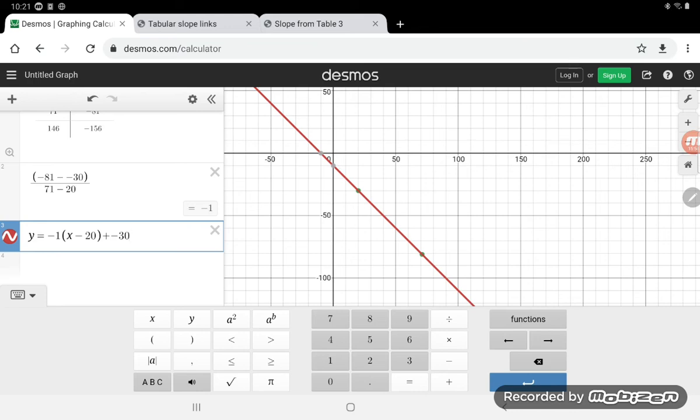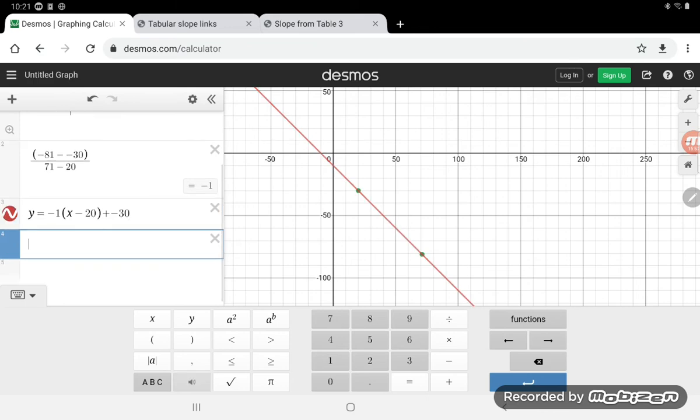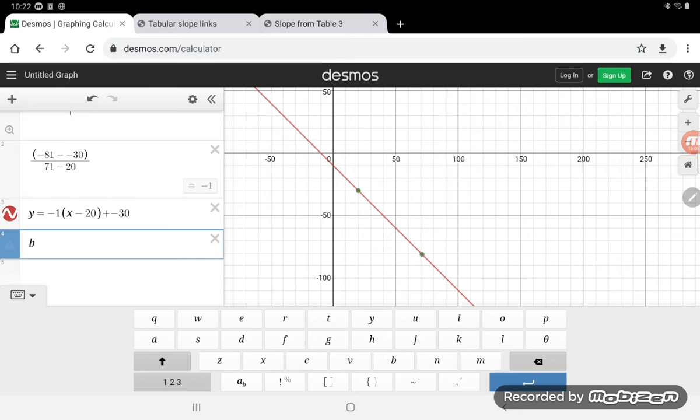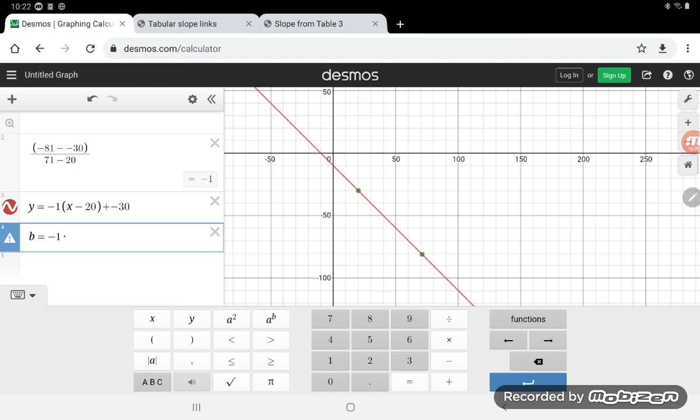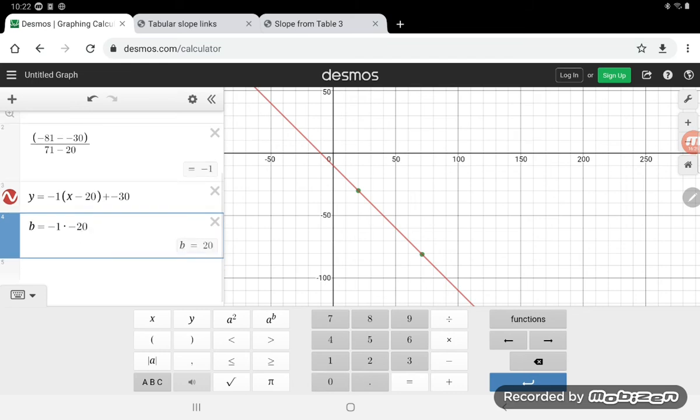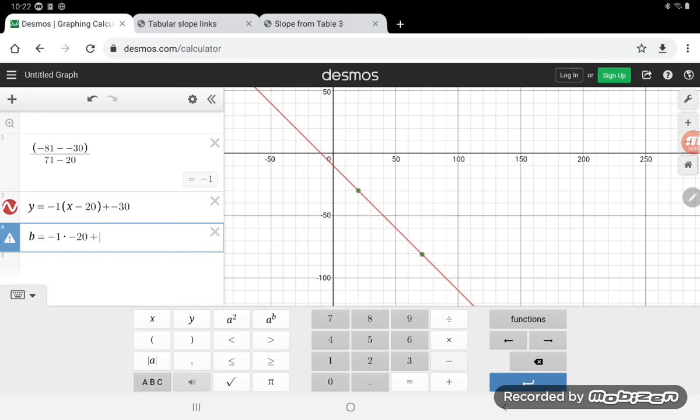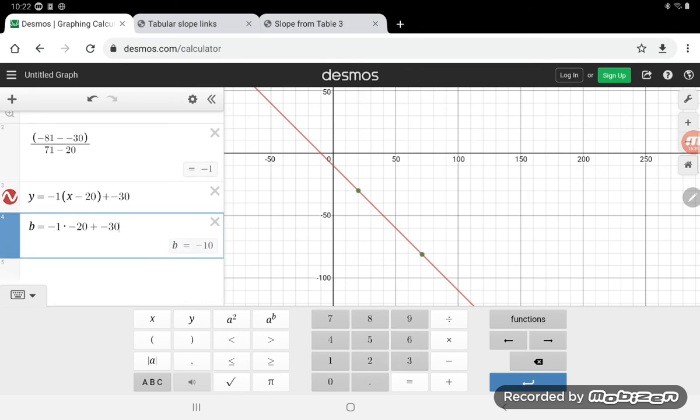Now my y-intercept, again, I can just do that. Here I can say that b equals the -1 times -20, and then plus the -30, and I get a b of -10.